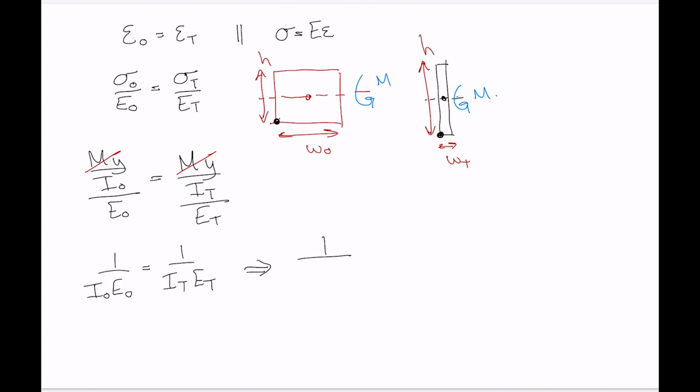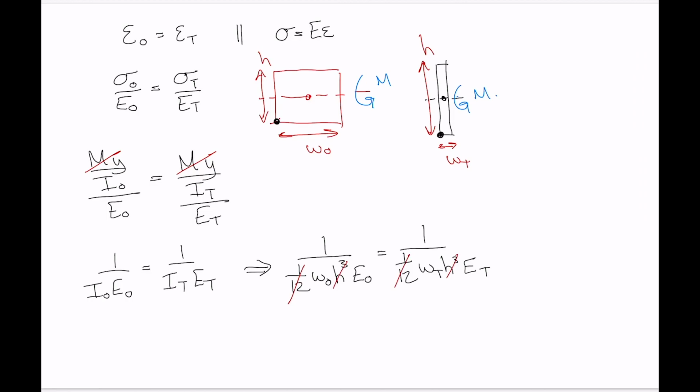So we've got 1/12 the base, which for the untransformed filler material was W naught, and the height is h, cubed, and then the modulus of elasticity E naught, and 1/12 the base length of our transformed material is WT, and h cubed, and ET. And then we can again cancel off the 12ths and the h cubes.